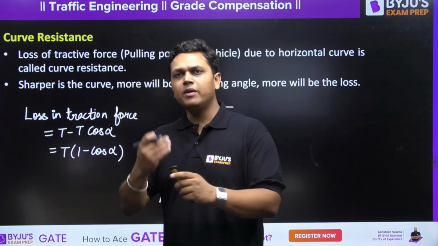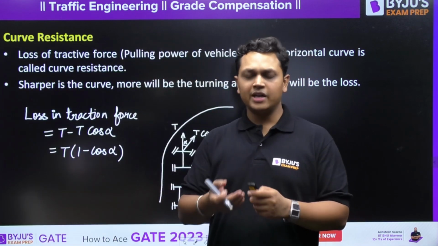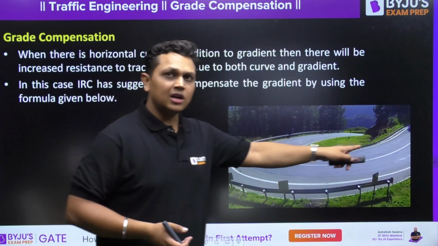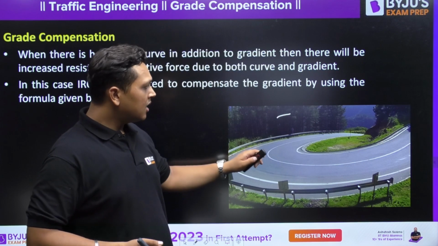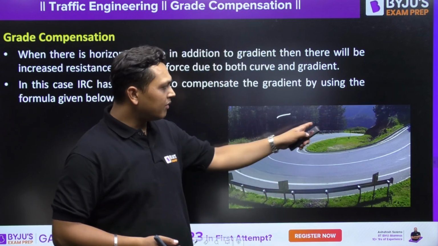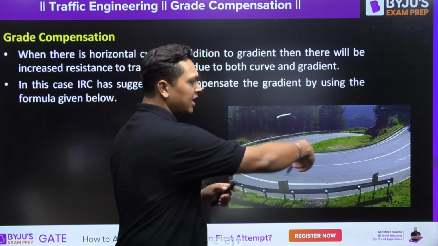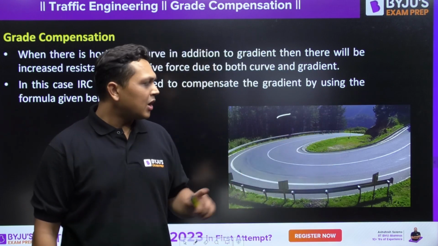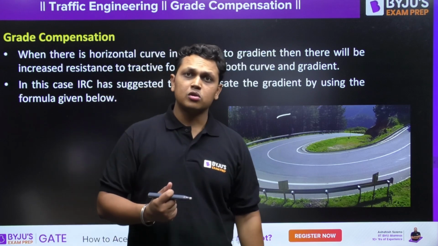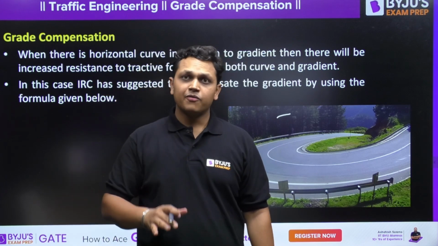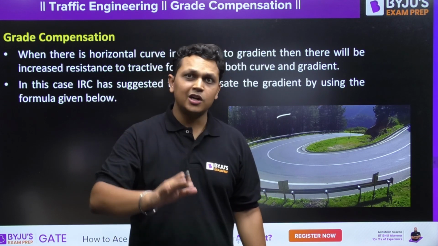Now, why do we need grade compensation? When we have a horizontal curve along with a vertical gradient, as you can see in this diagram, there is a curve along with a vertical upward gradient. In this case, due to gravity also, some more resistance is going to be provided, and further loss is going to be there due to this gradient.